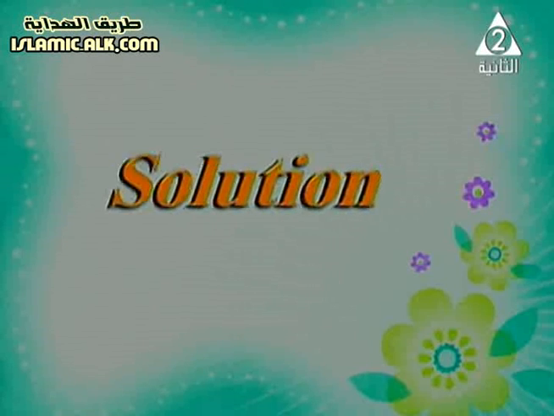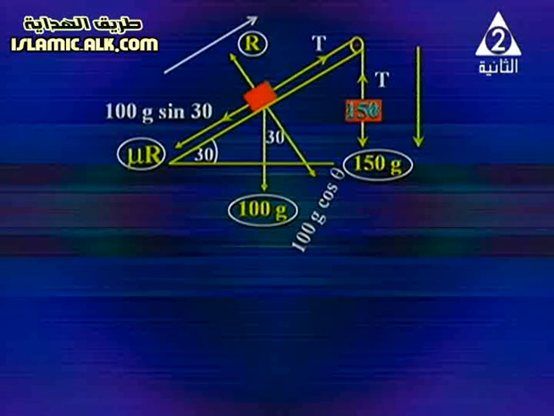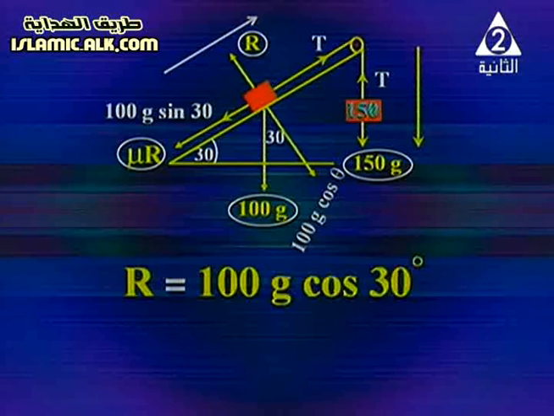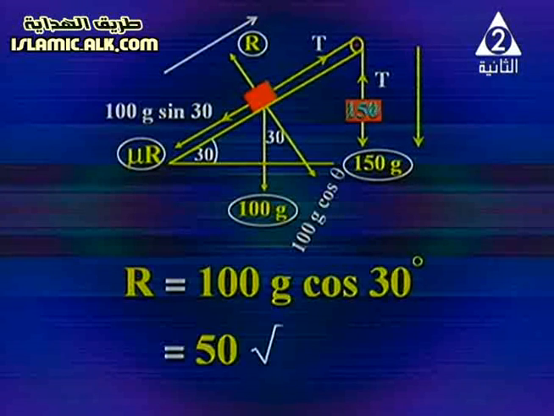Then solution. Look at, dear student, we have two bodies. One is put on a plane inclined by 30 degrees to the horizontal plane, and the second is 150 gram. Then we form the first equation, r equals 100 g cosine 30.